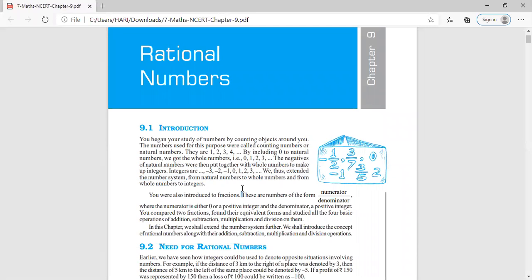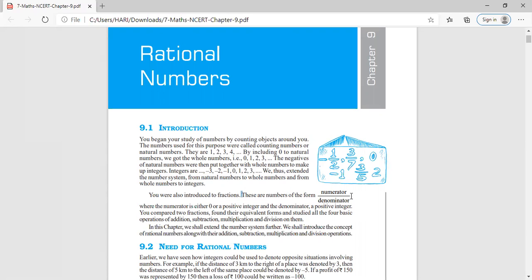And if we represent the numbers in p by q form, p by q form meaning with a numerator and denominator, it is called a fraction. Here, the numerator is either 0 or a positive integer, and the denominator should be only a positive integer.